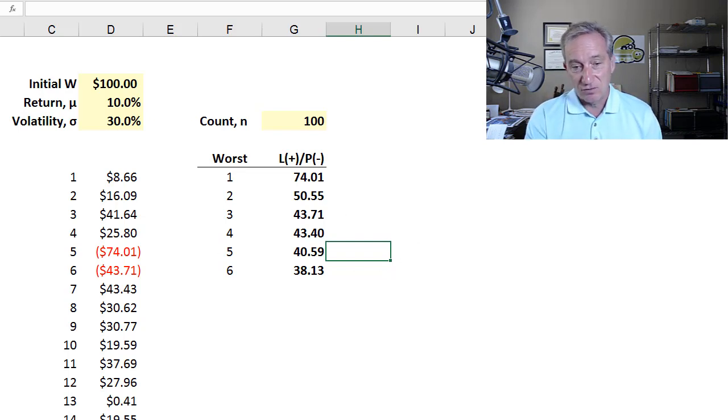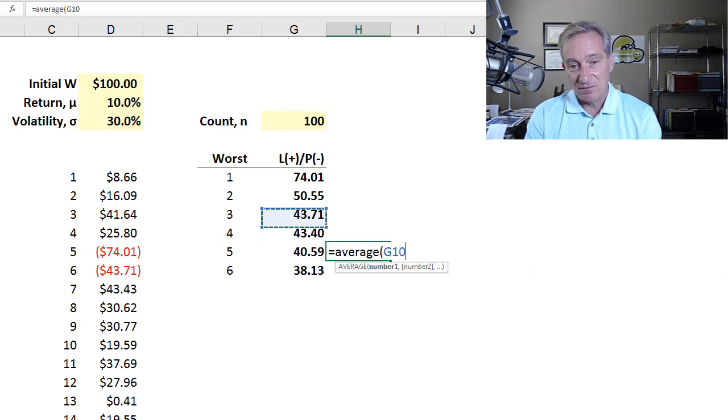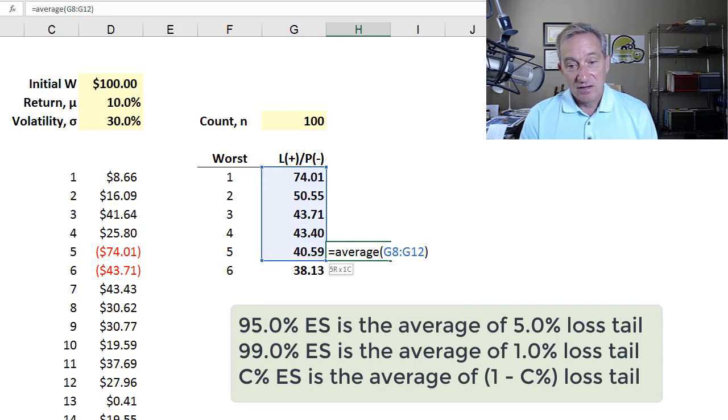So in this situation where we have equal weighting, I compute the 95% expected shortfall simply by taking the average of those losses that are in the 5% tail. See how I've done that? 1, 2, 3, 4, 5 out of 100 is 5%. 1 minus 5% is 95%.